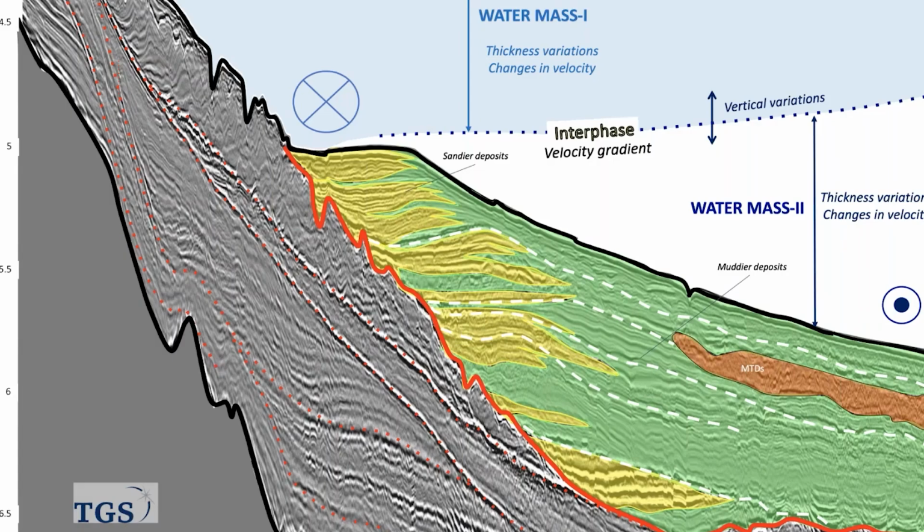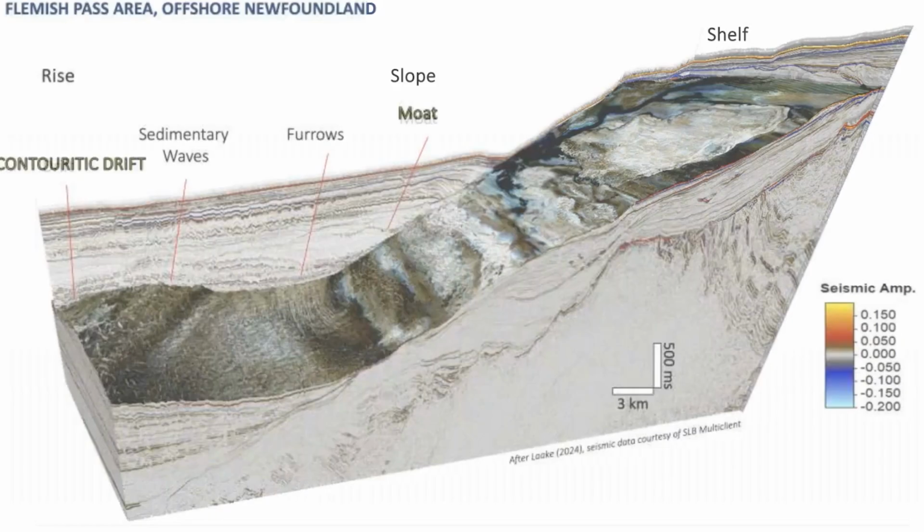For example, these interfaces are the key areas for the influence of the internal waves that were explained before, the internal tides, or the processes. So these areas are really depths in the ocean where there is maximum energy and where the processes have more capacity of transporting and eroding sediments.